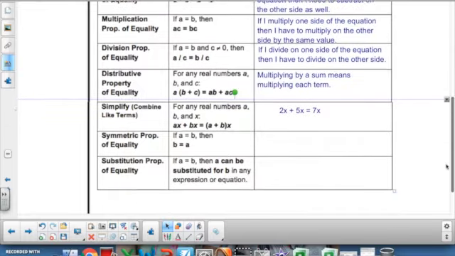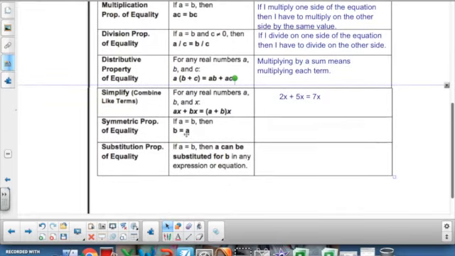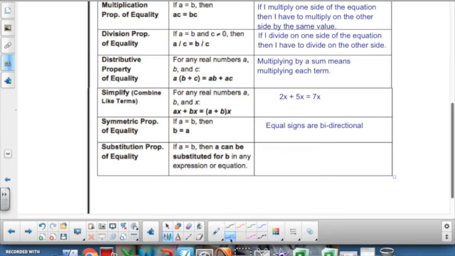All right, symmetric property of equality. If a equals b, then b equals a. That seems like a kind of duh statement, but basically what that means, well, I typed it up here. Equal signs are bidirectional. The place where you're going to find this coming up occasionally is sometimes you'll solve an equation and you'll end up with something that looks like this.